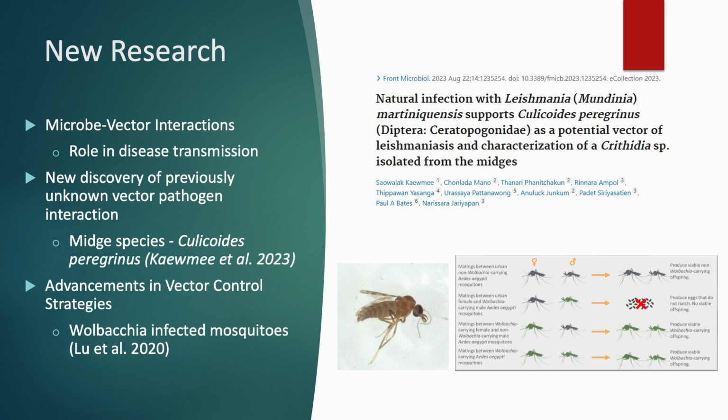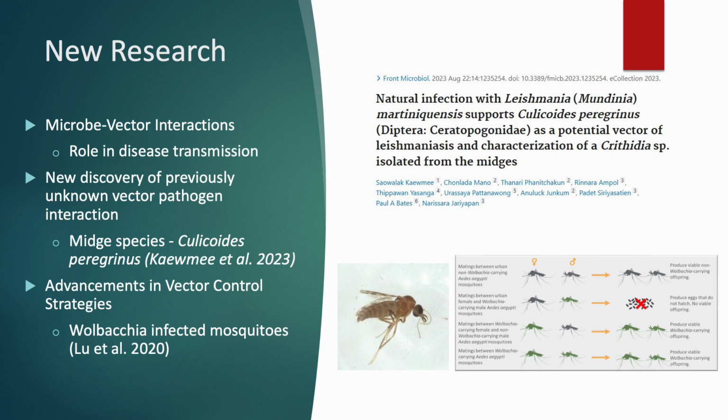The one on your right is an article published in 2023, and they found that this Culicoides peregrinus, a midge species, they identified to act as a potential vector for the leishmania, which is to expand the transmission.